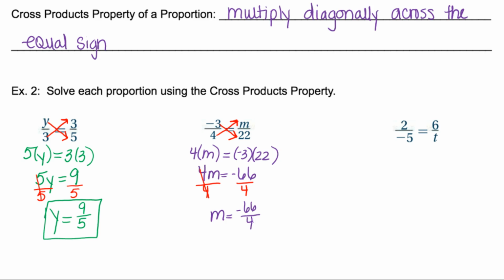Now 4 doesn't go in evenly to 66, but I can reduce. 2 goes into both of them. So m equals negative 33 halves. And again, you can leave your answer like that. Or you could change it to negative 16.5. I would accept all of those, as long as you reduce. You do have to reduce on this one.